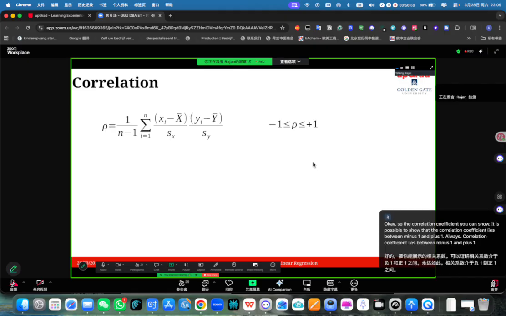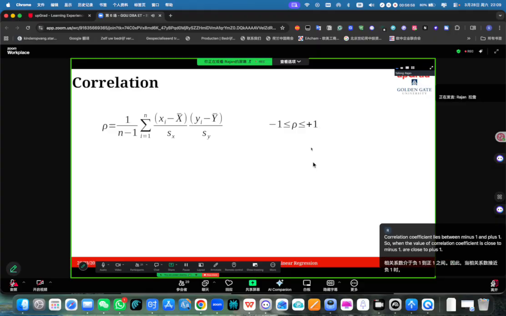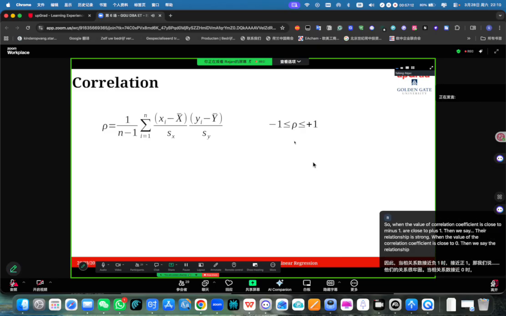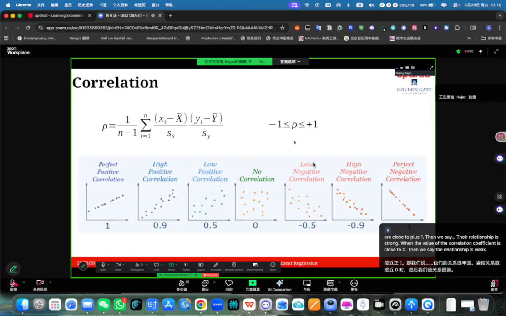Okay. So when the value of the correlation coefficient is close to -1 or close to +1, then we say the relationship is strong. When the value of the correlation coefficient is close to 0, then we say the relationship is weak, like shown here.